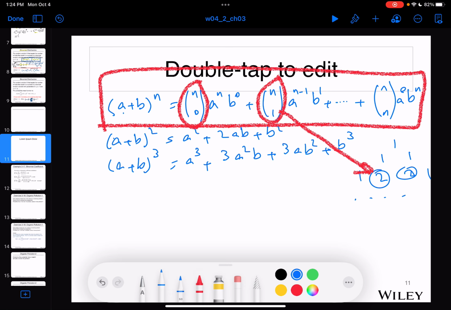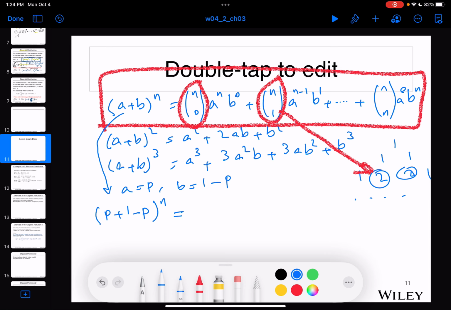All we do is that this equation is correct for any A and any B, right? So what we will do is we will put A equal to P and B equal to 1 minus P, right? So that equation is correct for any A and B. It's a general equation, right? So I put P and 1 minus P, right? And what happens is that the left-hand side becomes 1, right? Because it becomes (P plus 1 minus P) to the power n, right?